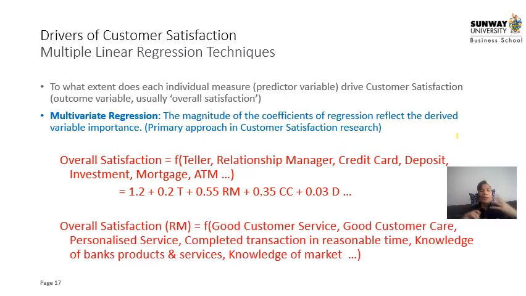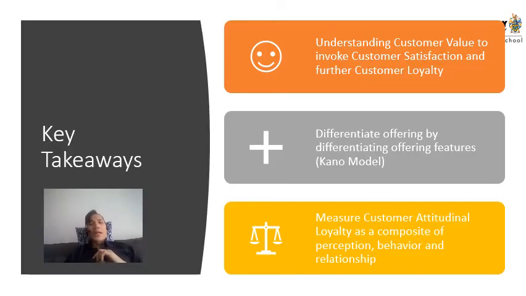So overall satisfaction can be a function of either the attributes or the characteristics, whatever you choose to use for your multiple linear regression as a key driver analysis for customer satisfaction. As a key takeaway for this lecture, first understand customer value, in order to invoke customer satisfaction and further customer loyalty.